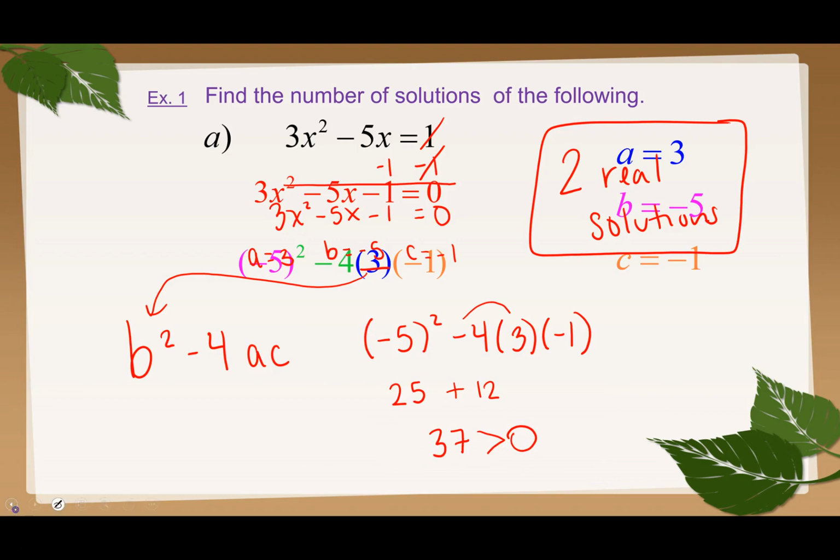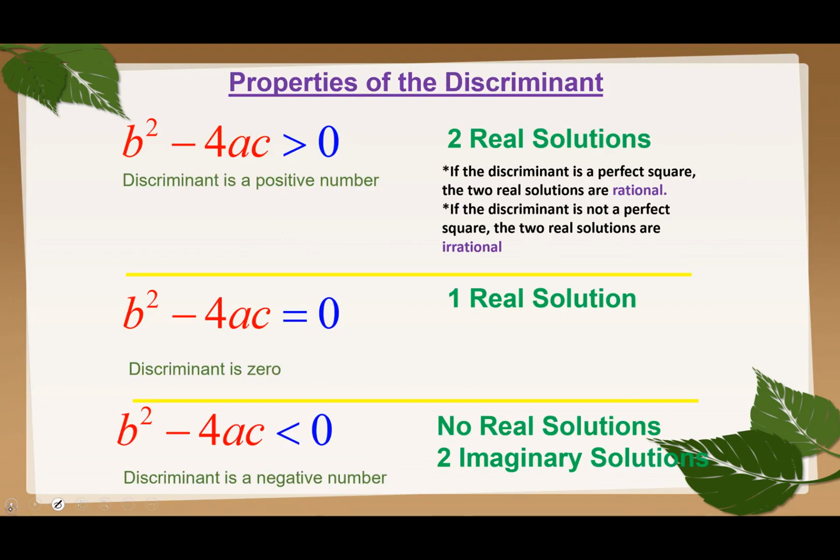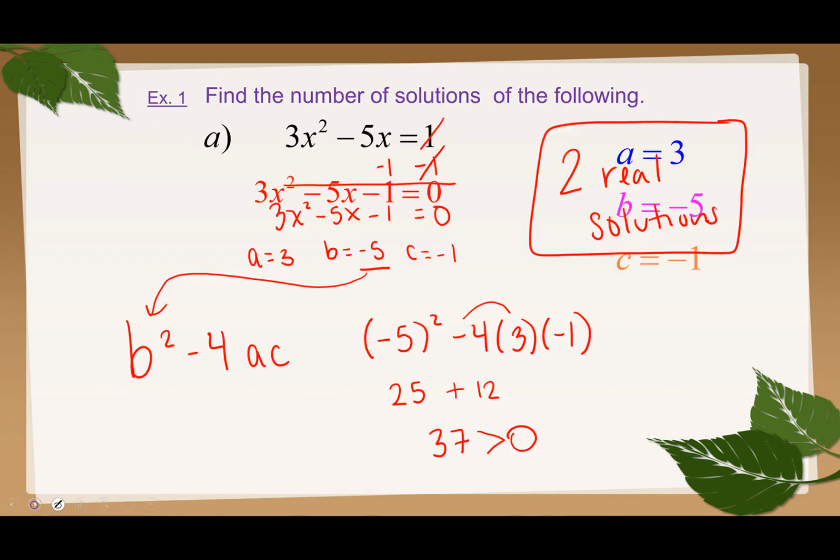Well, let's go back to what we had before. If I have a negative, less than 0, we have no real solutions and 2 imaginary solutions. So that would be our answer for those.